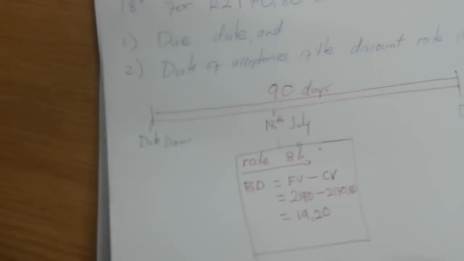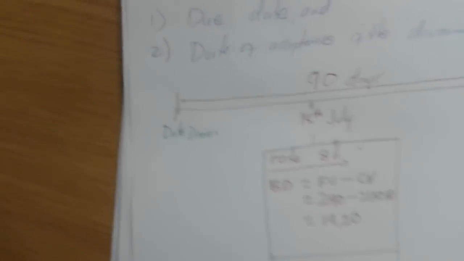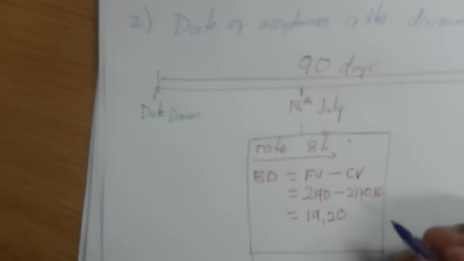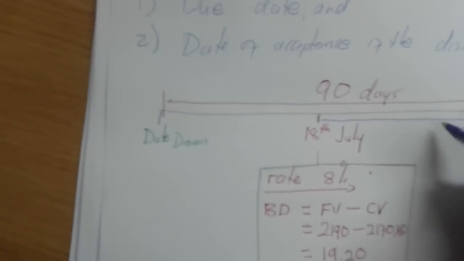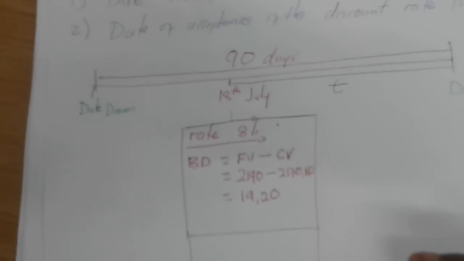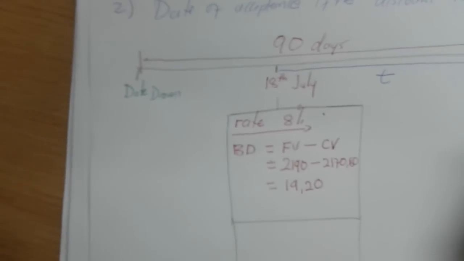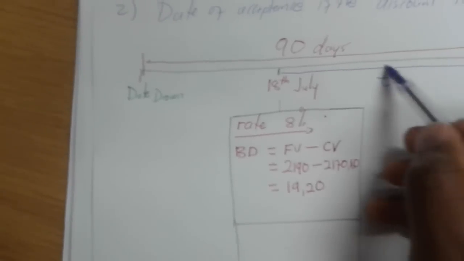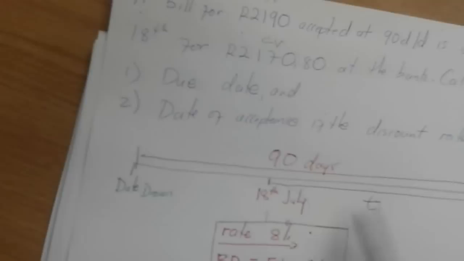I think I'm going to need more space here. But we also know that this period between 18 up to the due date is called T, which is the unexpired period. So if we can find T, we can find the due date, because T links the discounting date and the due date. But how can we find T?